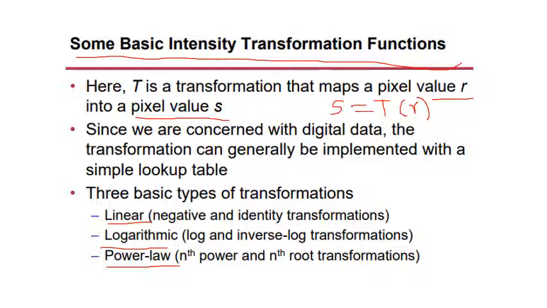Logarithmic can be log and inverse log. Power law can be power or root of. So these are the three basic types of intensity transformation functions. Let us look into them one by one.